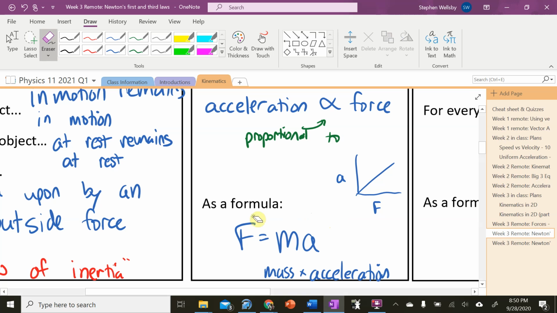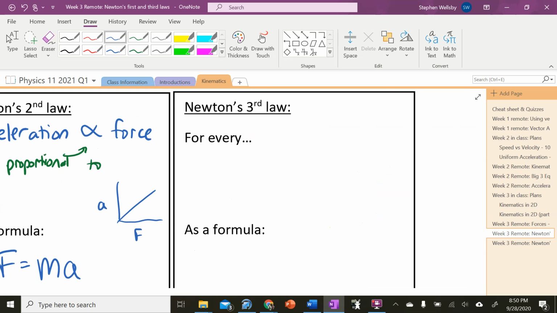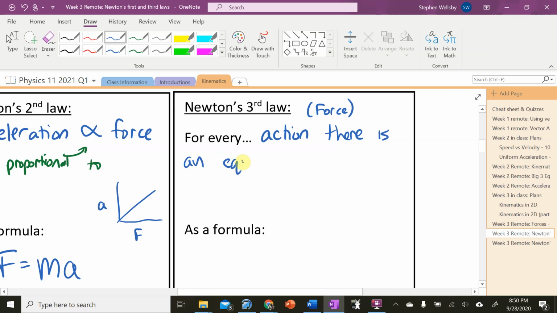And the third law is one I'm sure you've probably heard before: for every action, which essentially means force, there is an equal and opposite reaction. I'll put in brackets there, a reaction force.